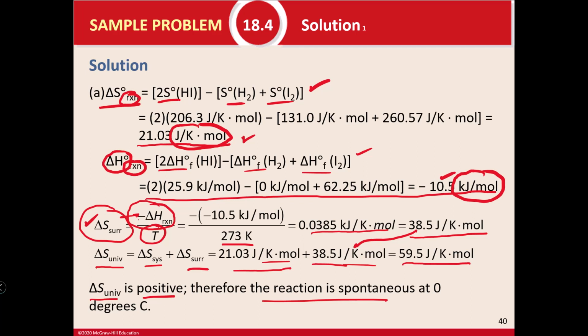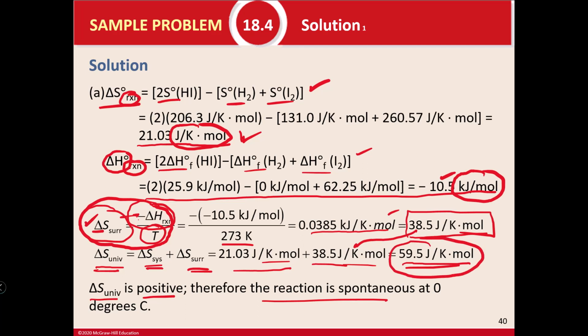But to find the delta S of the surroundings, we plug it into this equation, which we just talked about, and you solve for delta S of the surroundings. Then you have to convert this to joules per Kelvin mole, so it's in agreement with the one up here. And the delta S of the universe is the system plus the surroundings. We add that up, we get this number here. Because this number is positive for the universe, we know the reaction is spontaneous.